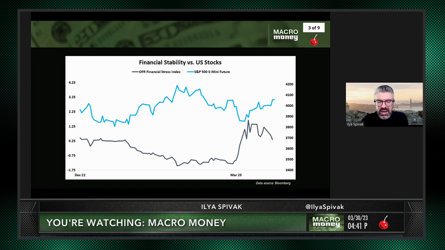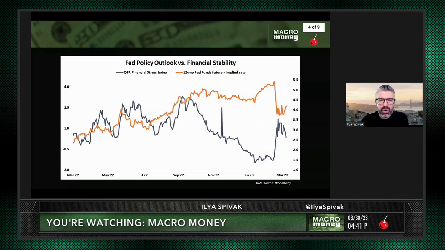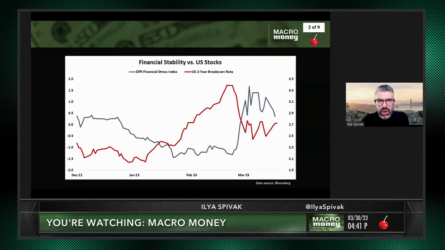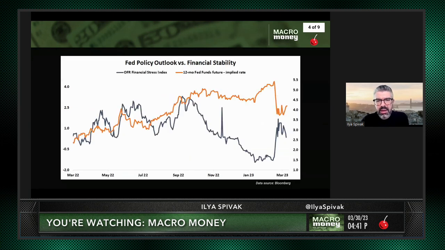Not surprising there. But what you don't see is a meaningful rebuild in Fed rate hike expectations. So though you've had a stall in the crisis, clearly the market is not convinced that all is well, because inflation expectations, as you can see here, are creeping back to justify, seemingly, the Fed doing more, but Fed rate hike odds have actually not increased.